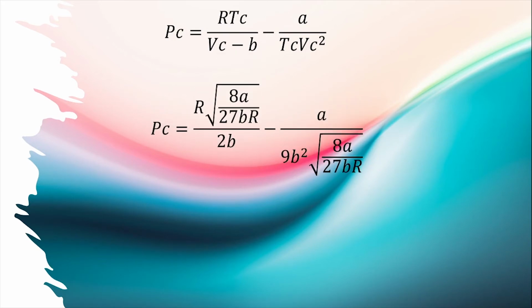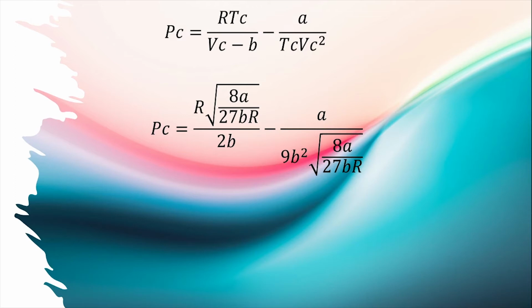First, we substituted the temperature critical constant, which I showed earlier, the square root of 8a over 27bR, and 2b for V, it became 2b because Vc is 3b. So 3b minus b equals 2b.